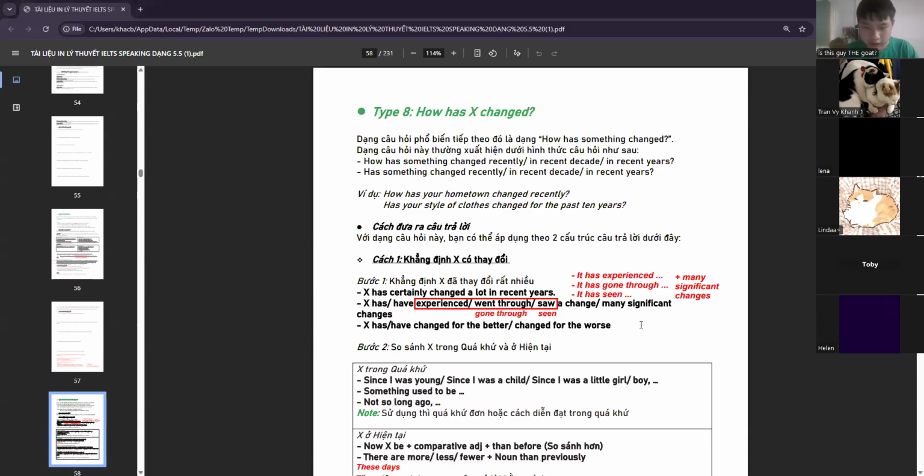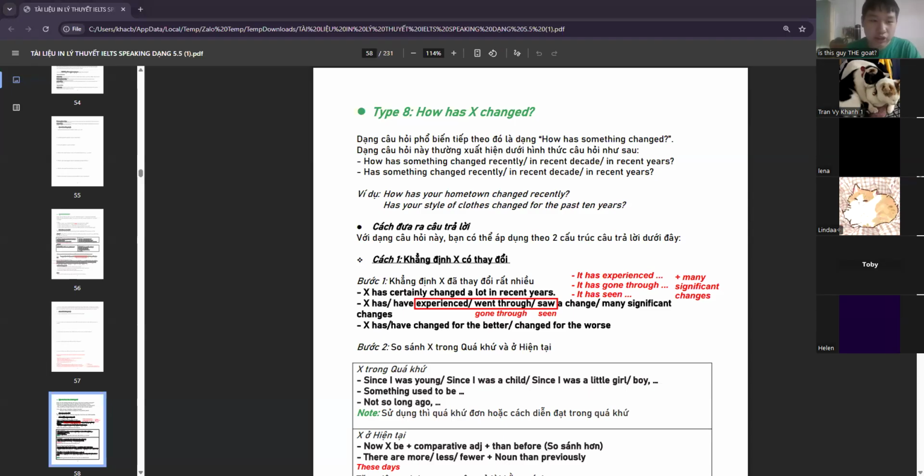The next question type is how has X changed? Now, this and difference are two really close questions. However, they are a little bit different, because they're different questions.